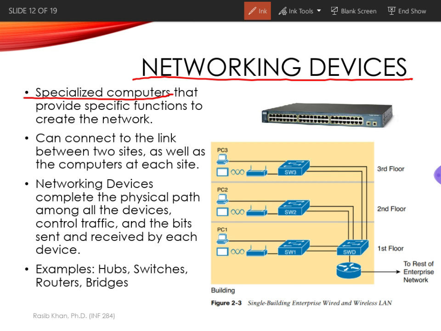Common examples include hubs, switches, routers, and bridges, and they basically connect two different sites, at a given site or across multiple different sites, and they are responsible for creating or establishing the physical path among all the devices.